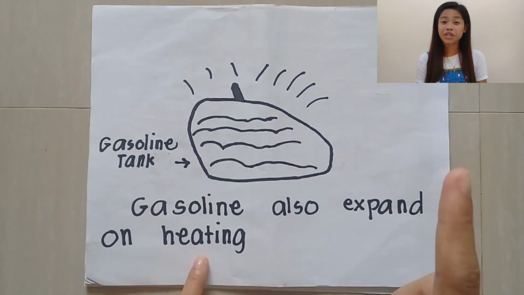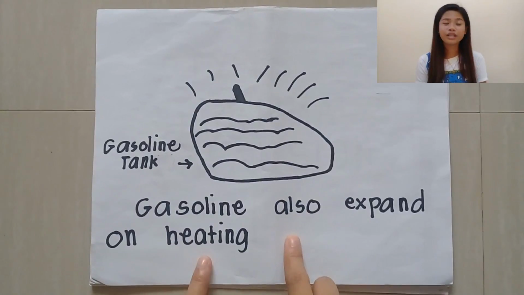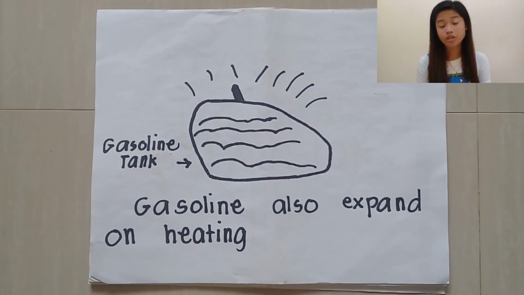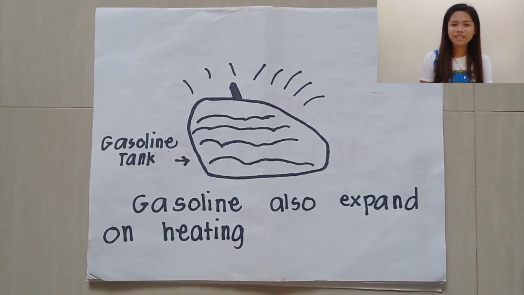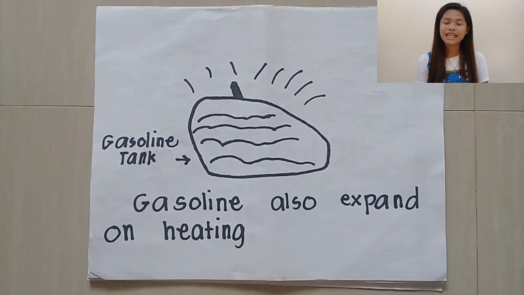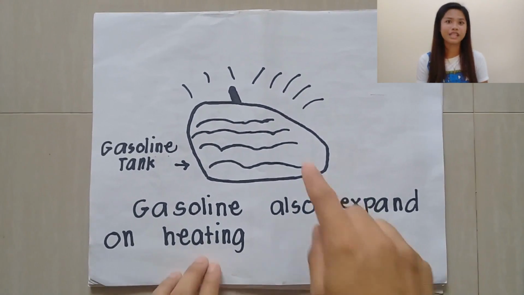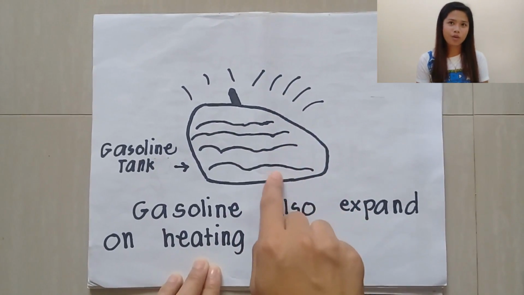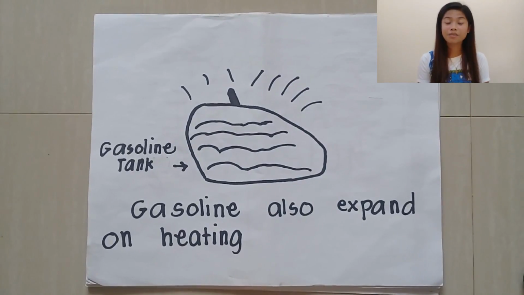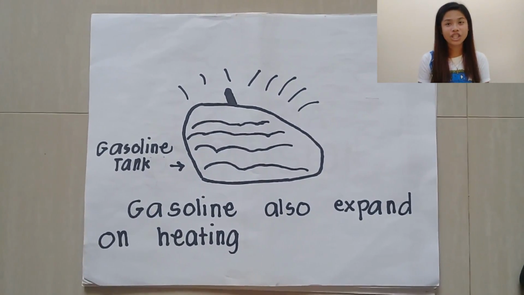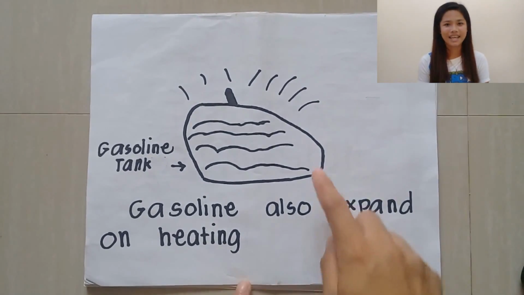Another example of thermal expansion is, have you ever wondered why gasoline also expands on heating? Well, say a tank is filled to the brim and there is no space left in it. Now, when the bike is kept in the sun, the tank becomes hot, which eventually heats the gasoline filled in it.